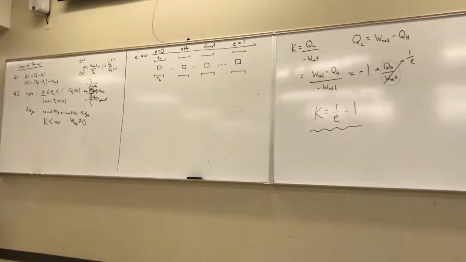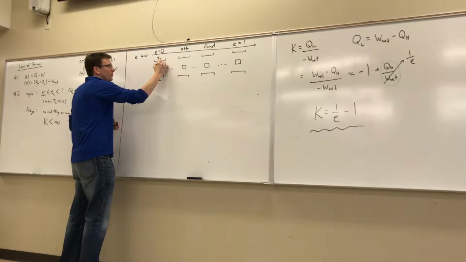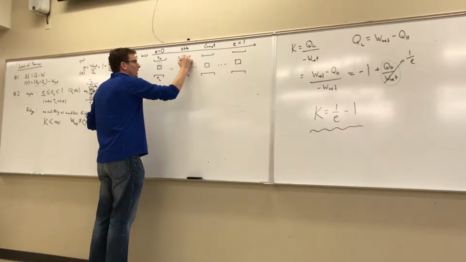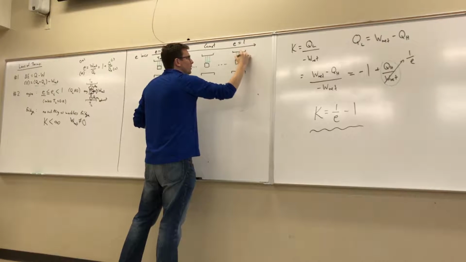So what I'm going to do is just draw a couple different arrows. If I draw 3 of them, that means more energy QH than if I only draw 2. Is that all right? So I'm going to assume that my QH is going to be like that.